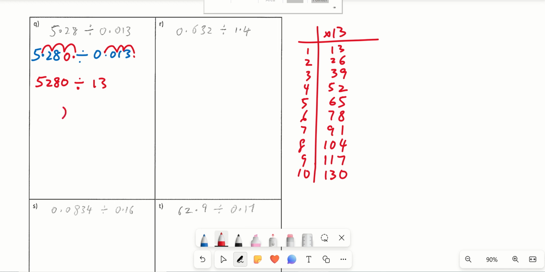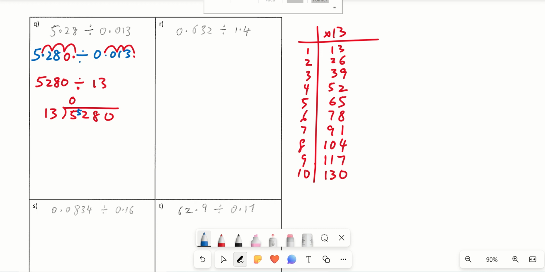We put 5,280 in the division bracket, and we put 13 on the outside. So we ask ourselves how many 13s go into 5, because there's 0 of that. All right, so that means now the 5 gets carried over to where the 2 is. So that becomes 52.